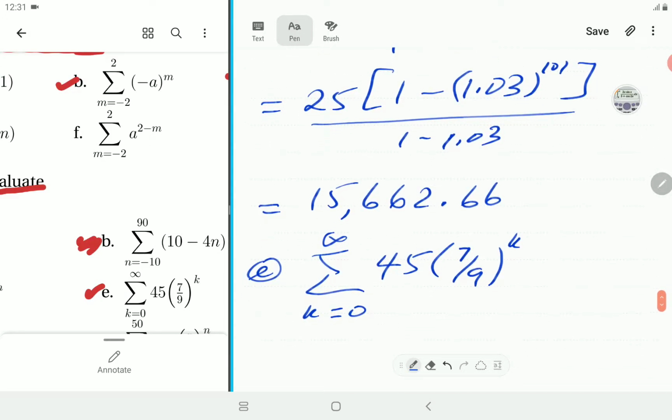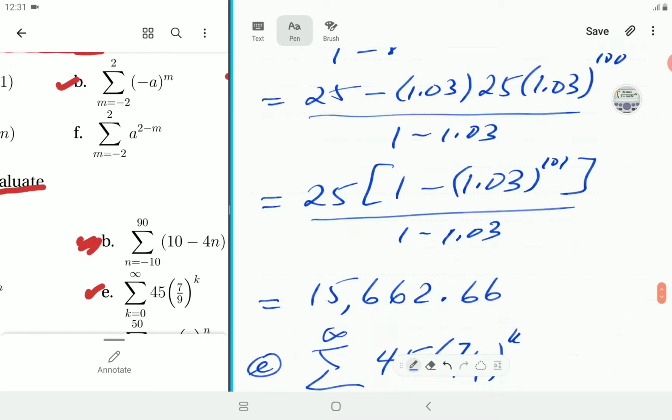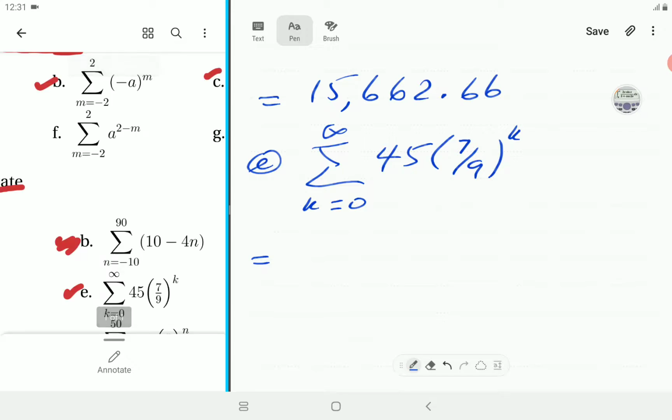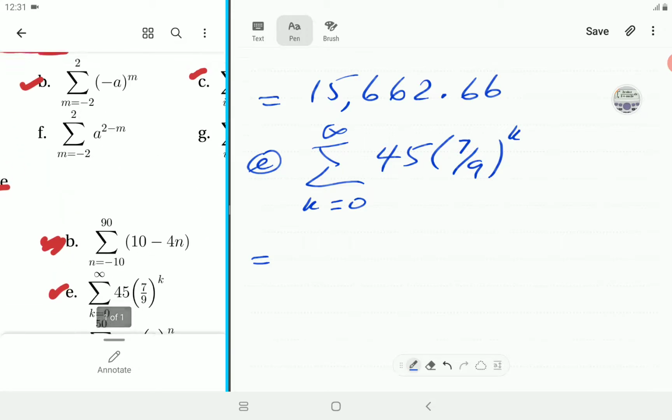So this is an infinite sum. The only time we have come across an infinite sum is when we were dealing with infinite geometric progression. So as soon as there is an infinite sum, that must give you a hint that it must be an infinite geometric sequence.